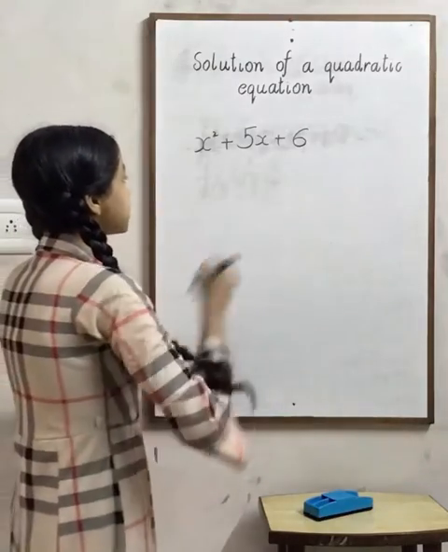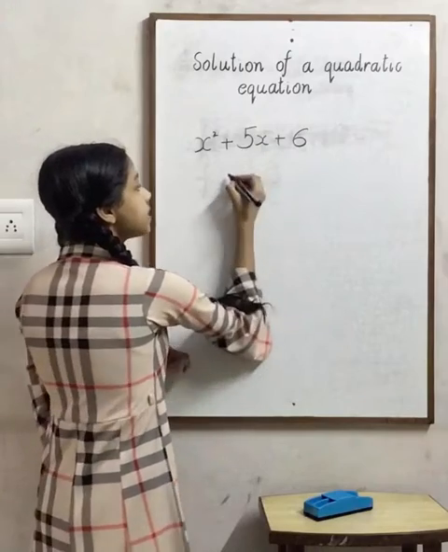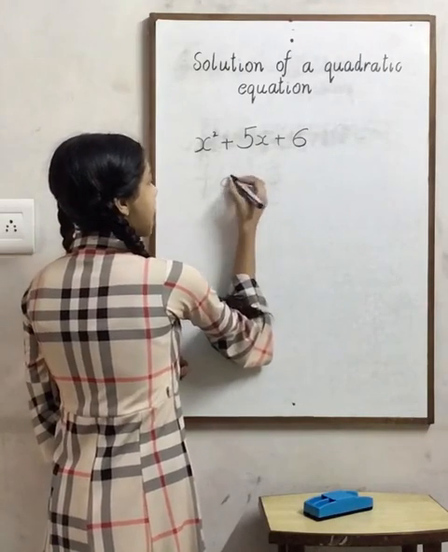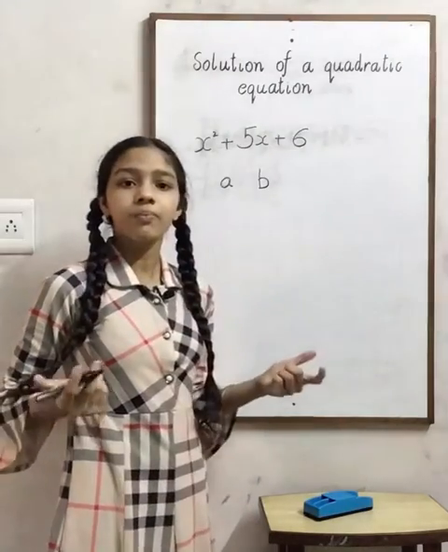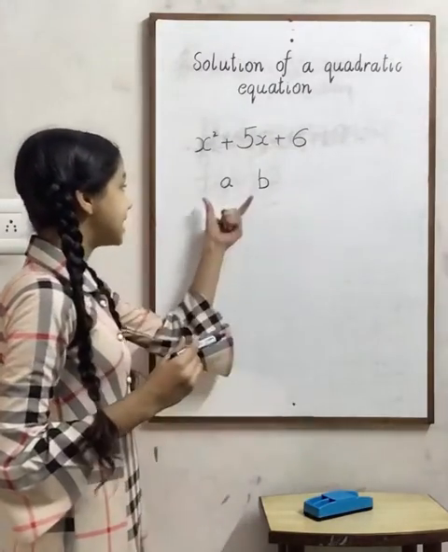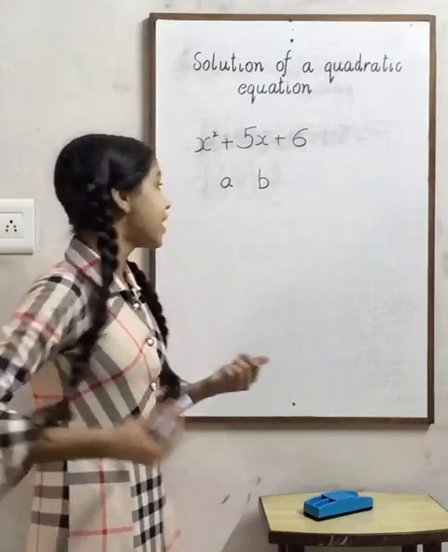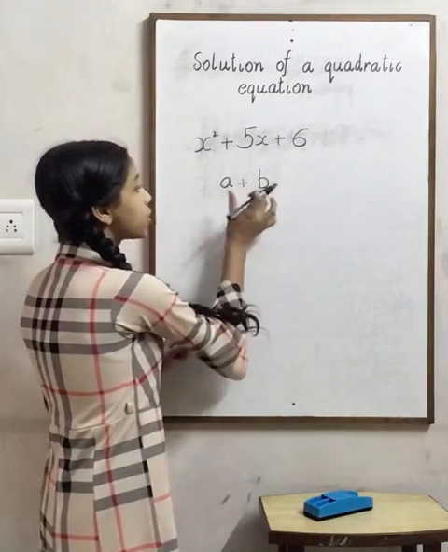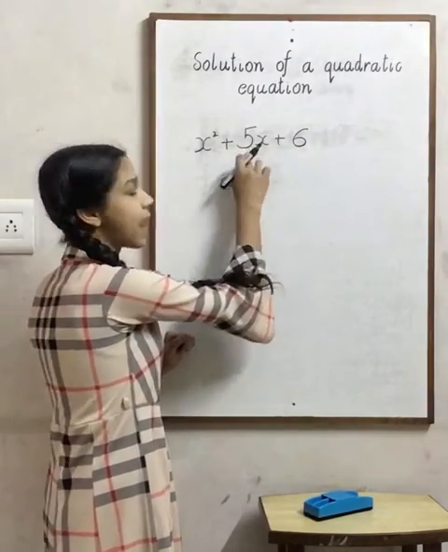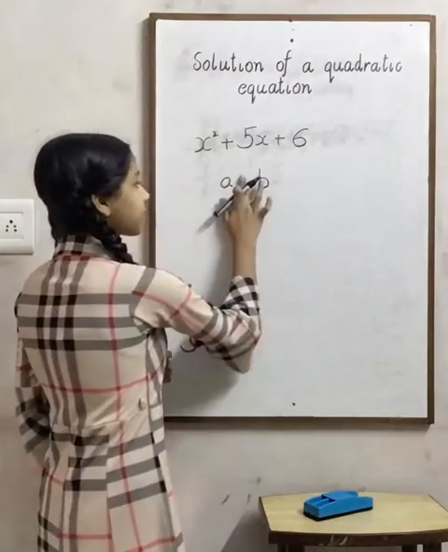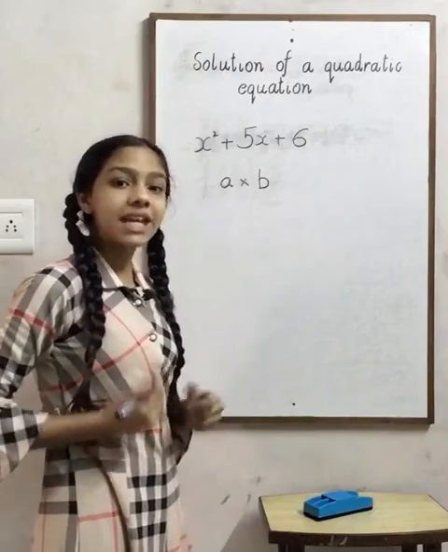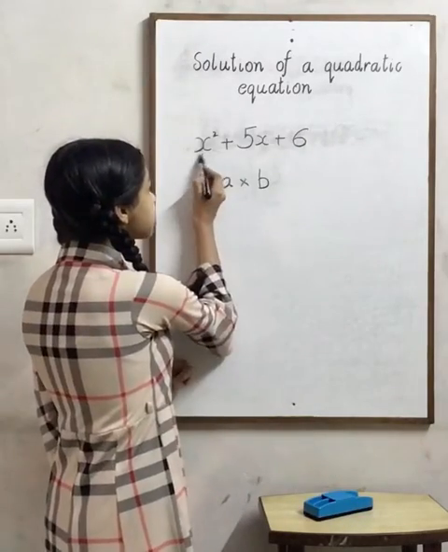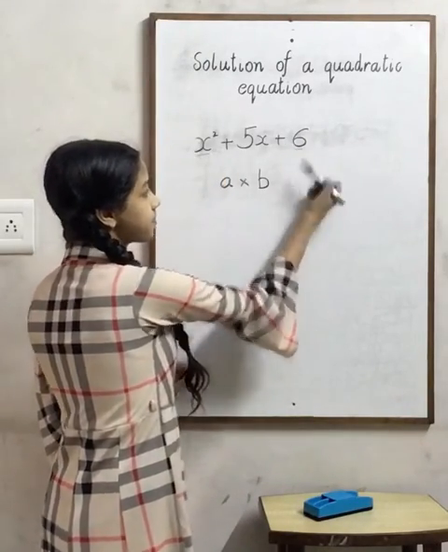Let's take an example. Think that one term is A and the second term is B. So the rule followed by these two terms is that when we add them, the answer will be equal to 5, and if we multiply them, then the answer will be equal to the product of the first term and the last term.